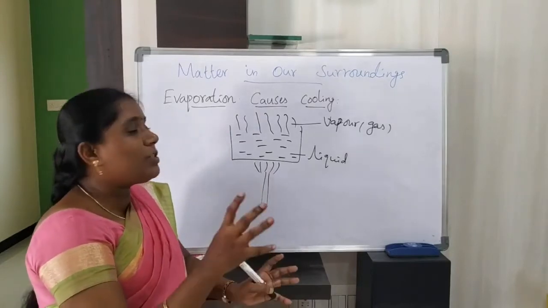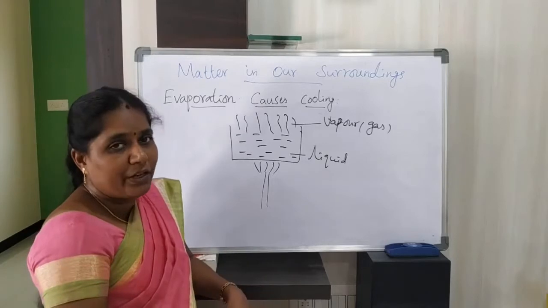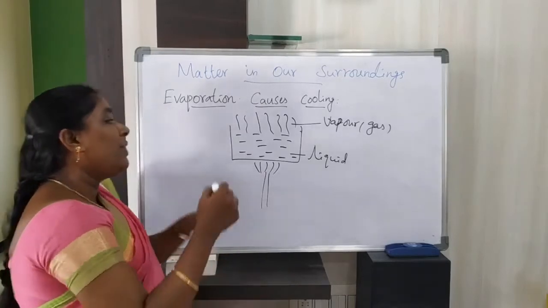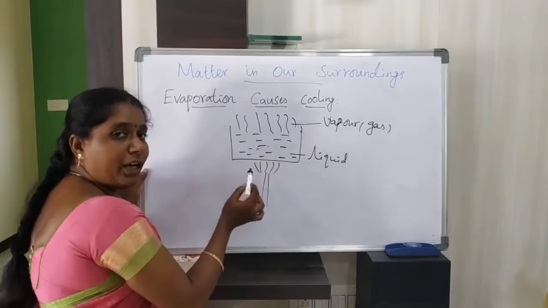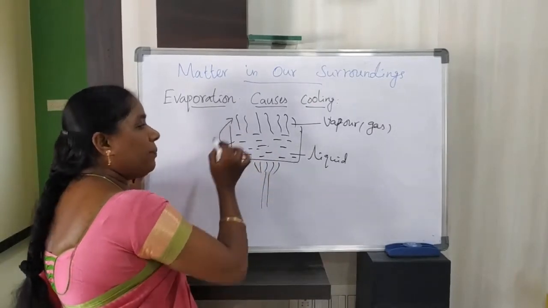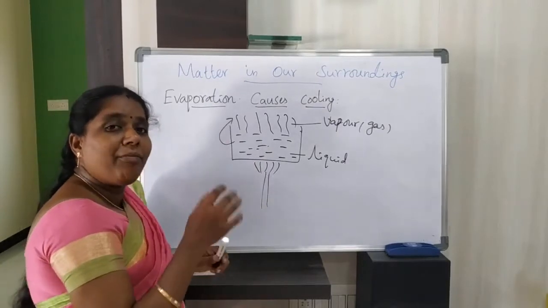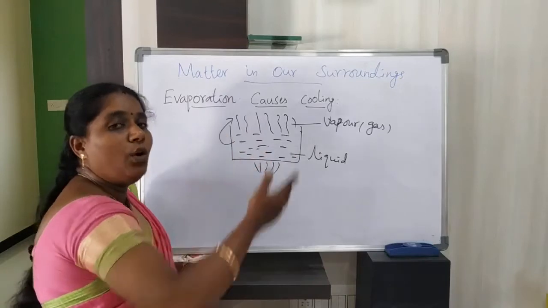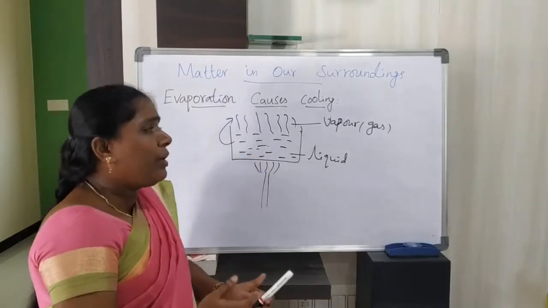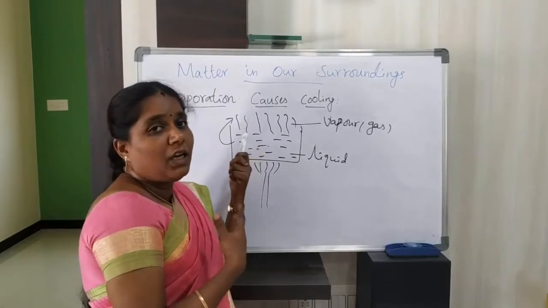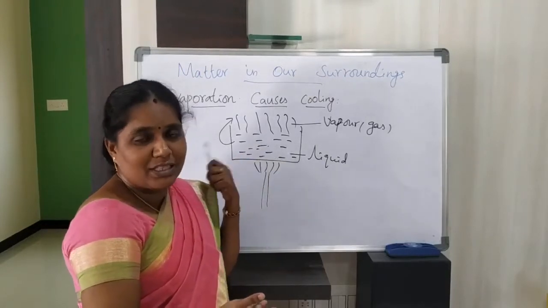This process we call evaporation. What happens during evaporation? The water molecules in the liquid state get evaporated in the form of vapor. So one state of matter, the liquid state, is slowly converted into vapor state. During this process, the liquid releases lots of energy, isn't it?